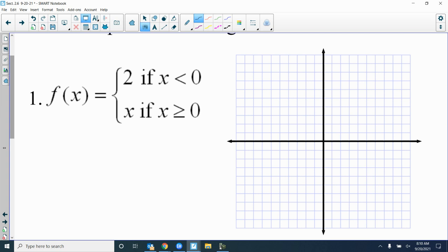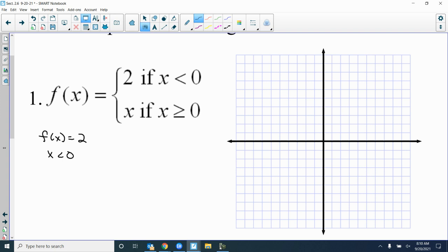You got two graphs. Okay, you got two separate graphs. 0 is a transition point. To the left of 0 is one of the graphs, including 0. To the right is a different graph. So if f of x equals 2, that's a constant function. That's a horizontal line, but that only exists for x is less than 0.